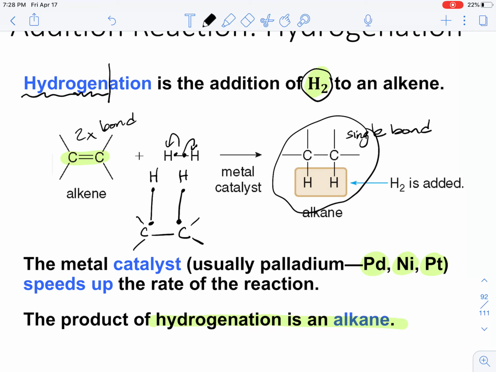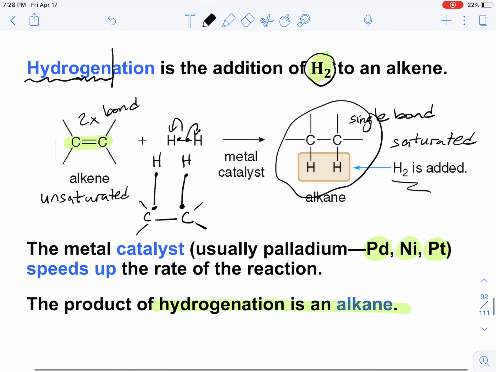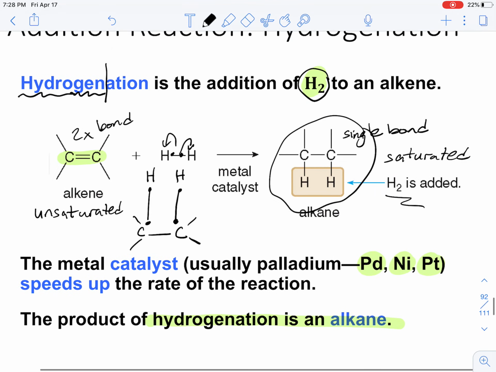So you're going from something that's unsaturated with hydrogens to something that is more saturated with hydrogens. And that makes sense because you're adding hydrogen to carbon, so you're making it more saturated with hydrogens. Okay, so that's the basic premise of hydrogenation.